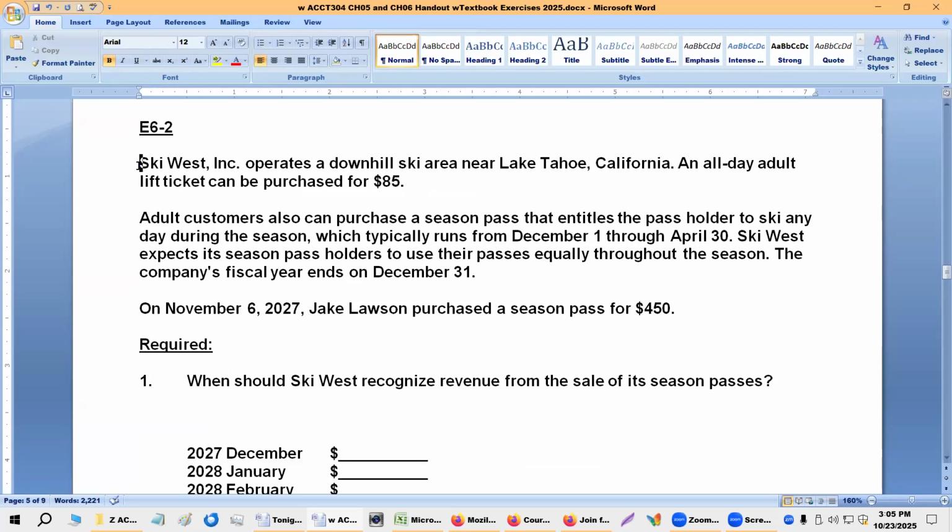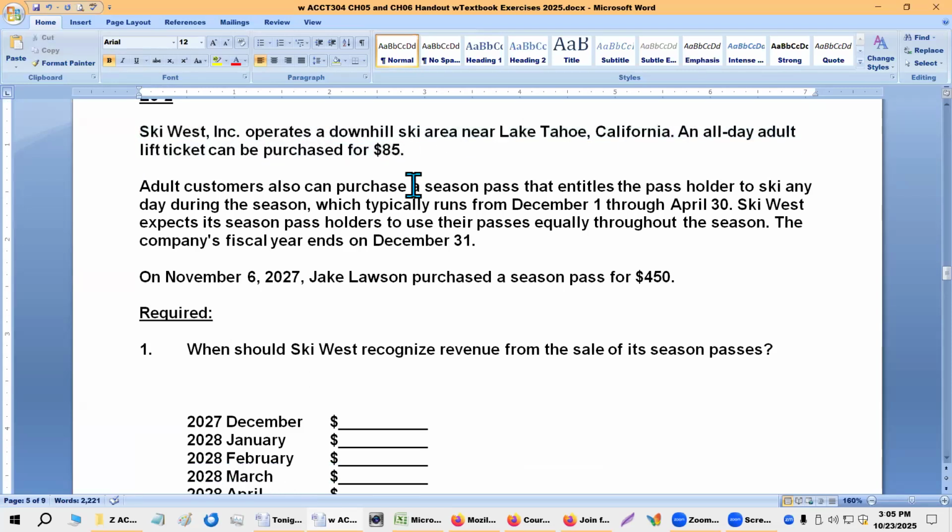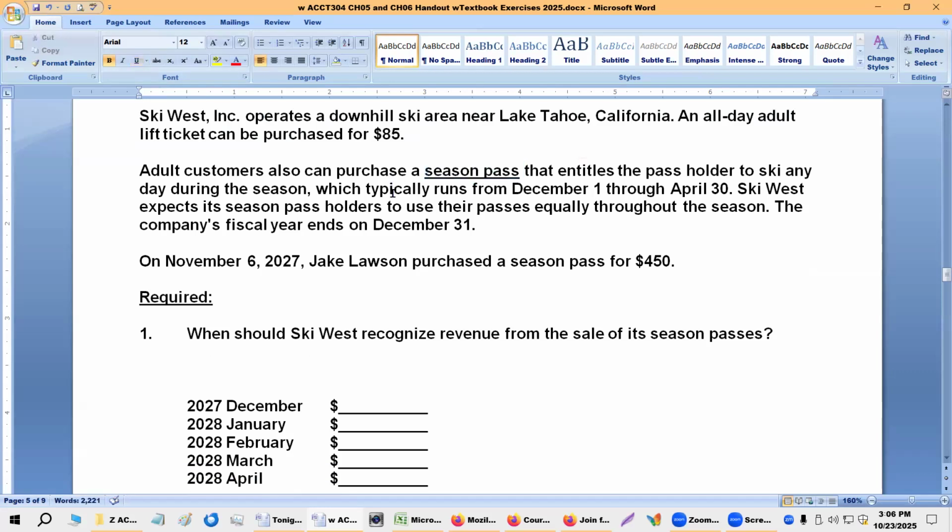So let's take 6.2. You can get a lift ticket for $85, or they can purchase a season pass that entitles the holder to ski any day during the season.